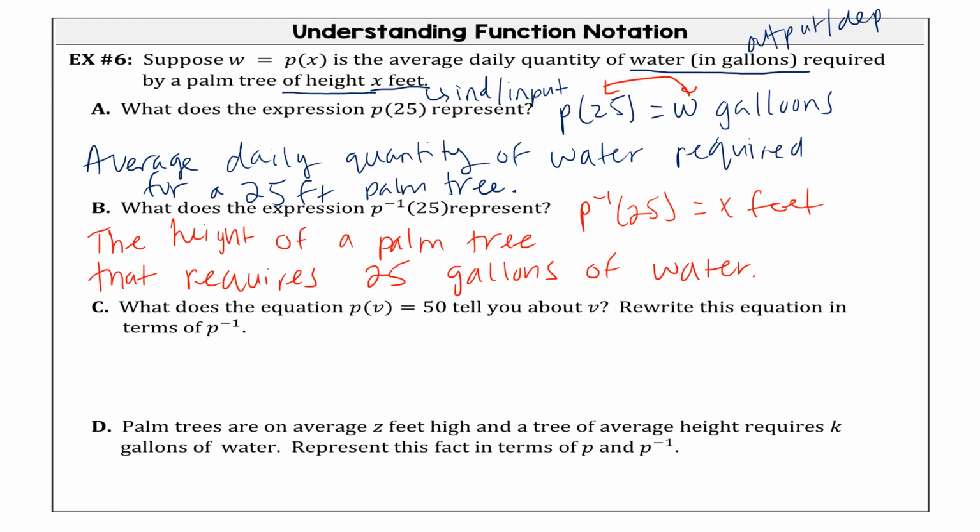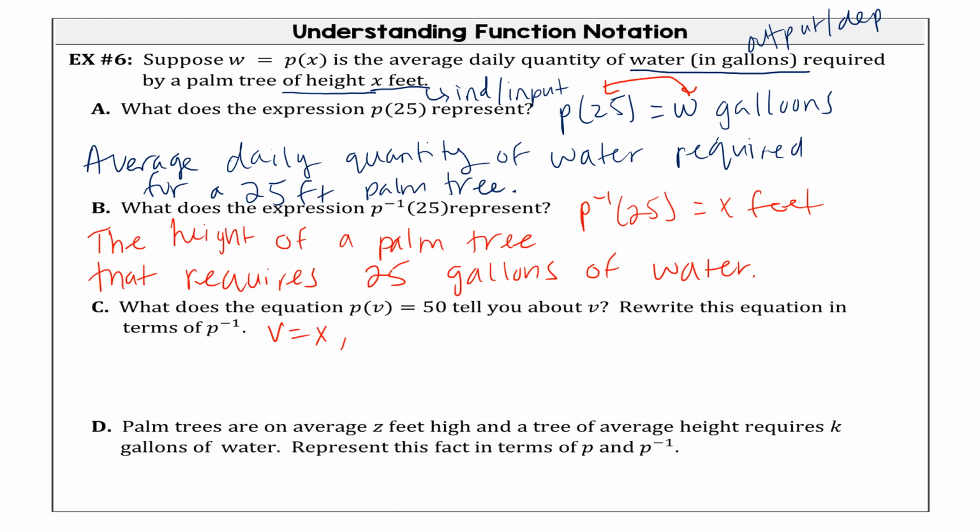Okay? Now it says, what does the equation P of V equals 50 tell you about V? And rewrite the equation in terms of P negative 1. Well, what used to be there? X. And what did X mean? X meant the height. So in this case, V equals X, right?